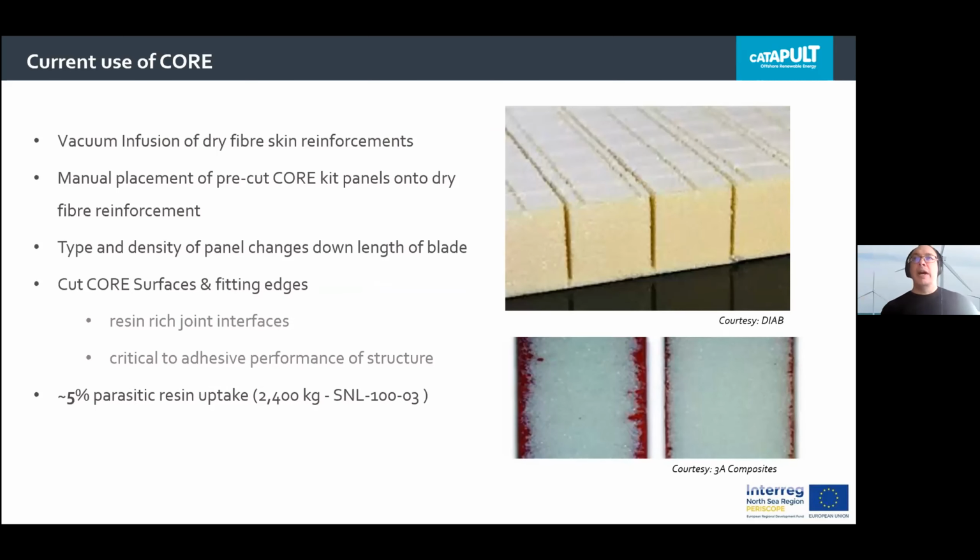As I said before, to maintain curvature in the cell, a lot of these edges have to be scored so they can actually conform to the surface of the mold. But the consequence of doing that is that you have very resin-rich joint interfaces between panels, and also perforations to take the resin which flows into the core as a result of the infusion process.